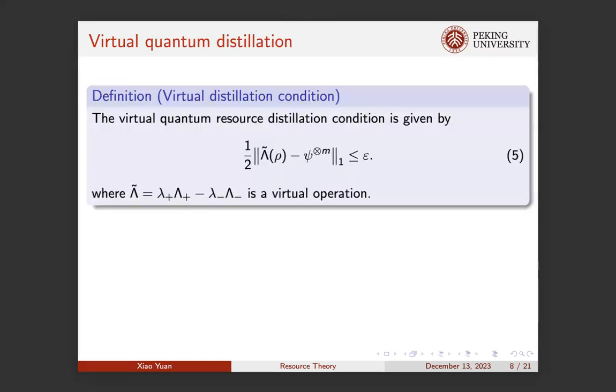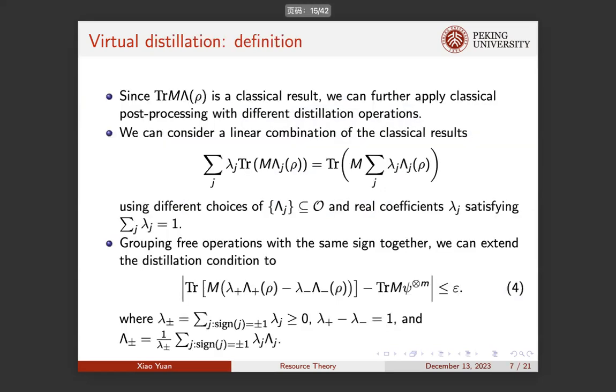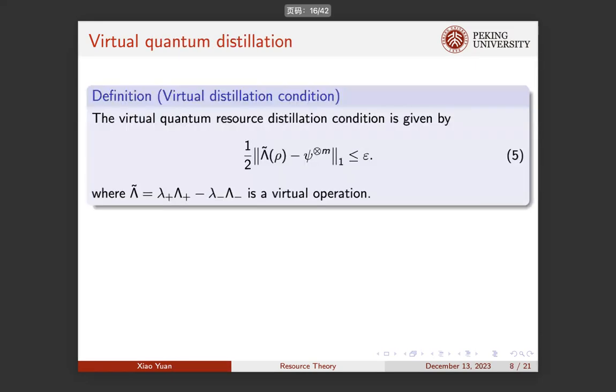And again, suppose that we require this condition holds for arbitrary measurement outcome. Then it is equivalent to our virtual distillation condition. So here the virtual distillation condition is that we can apply some kind of virtual operation, which is not like a CPTP map anymore.